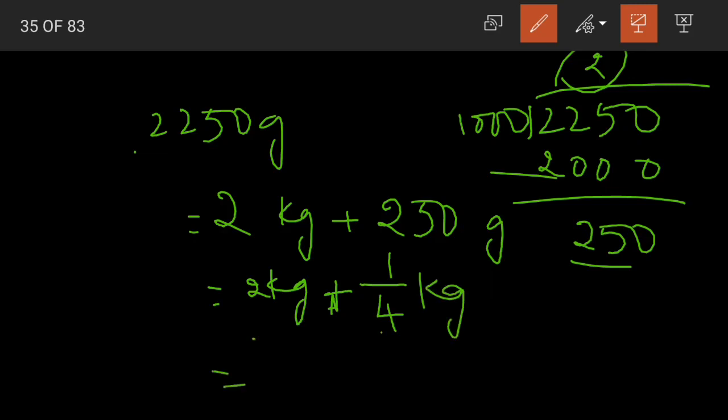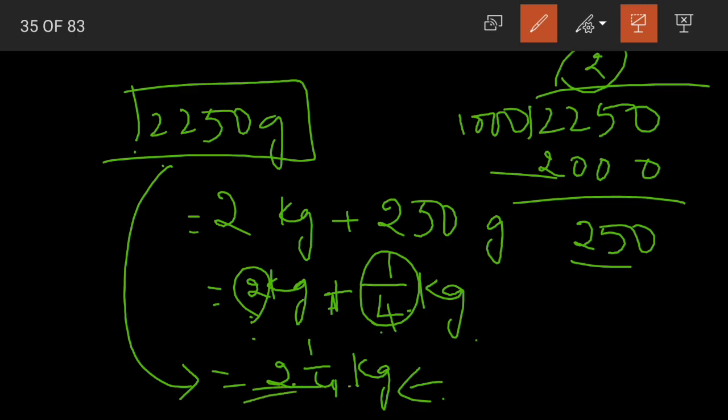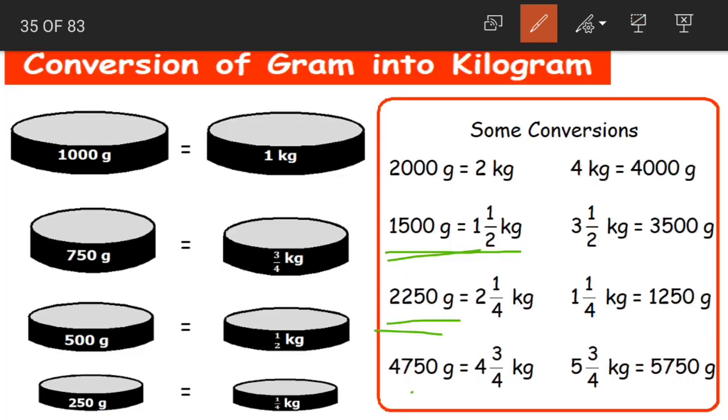So 2 kg plus 1 by 4 kg is equal to 2 1 by 4 kg. 2250 grams when expressed in terms of kilograms is equal to 2 1 by 4 kilograms.